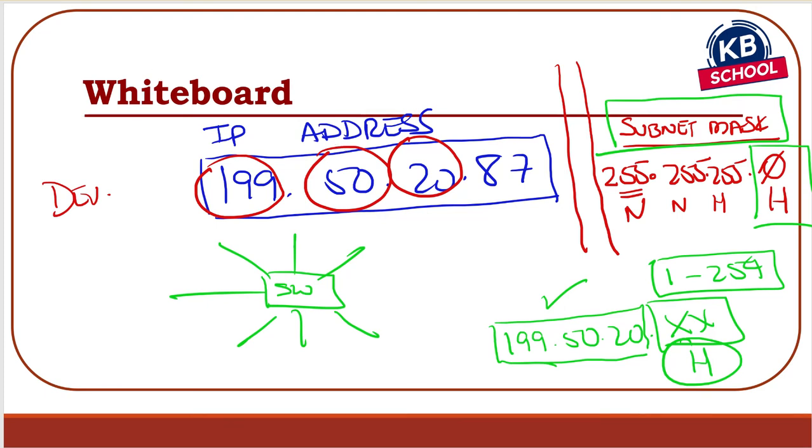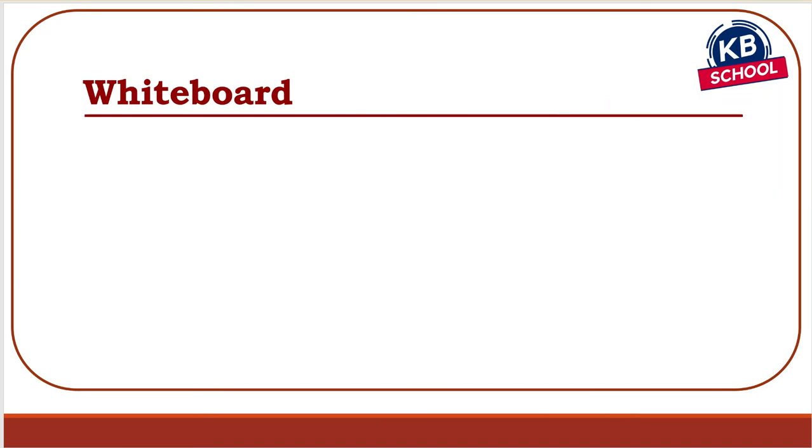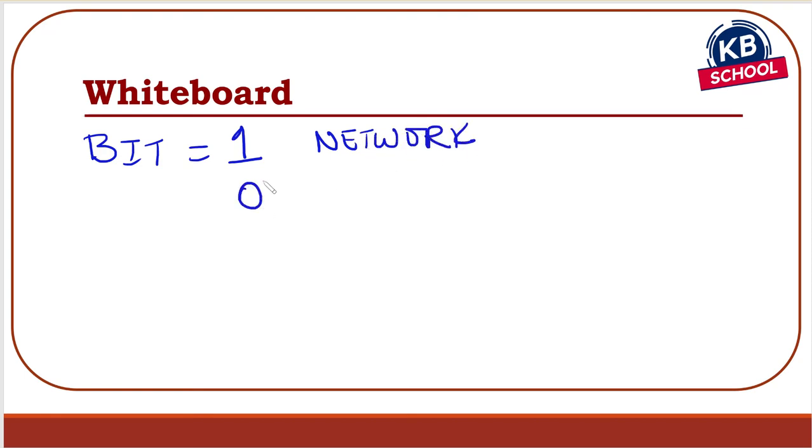To take it one step further, although I write 255 over here, in reality, what is happening is the bit 1 is identifying the network portion. The bit 0 represents the host portion. The bit value 1 or 0 represents the network or the host.